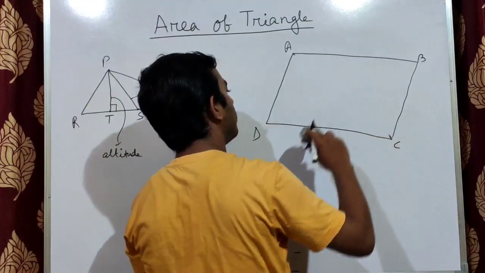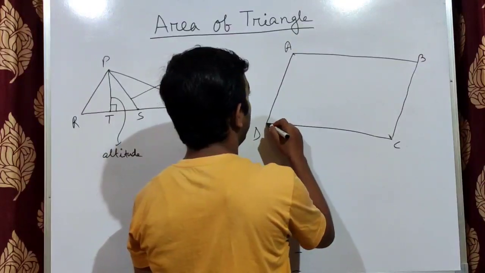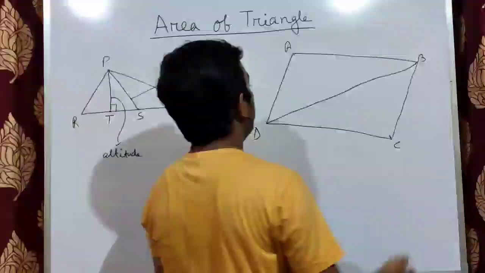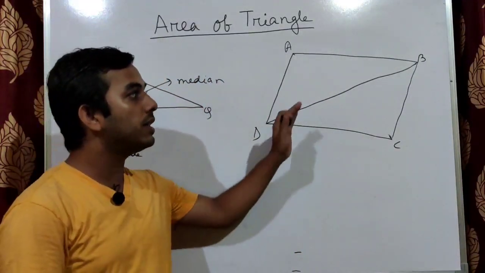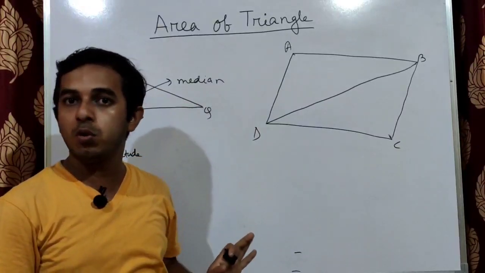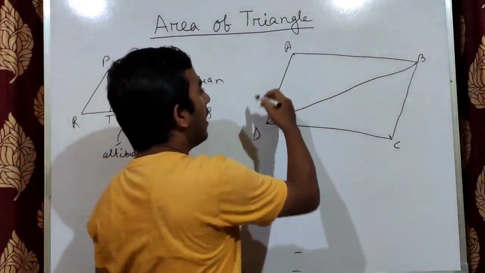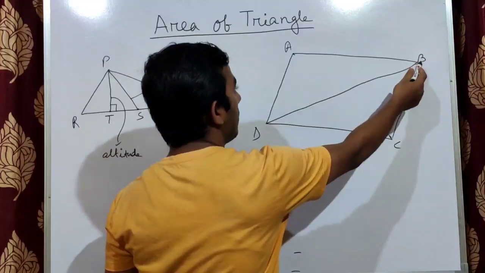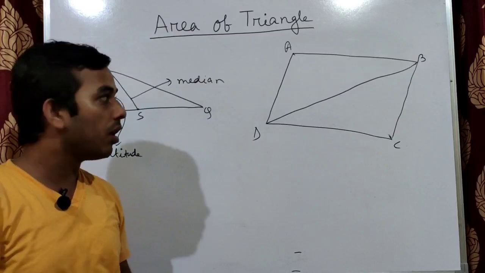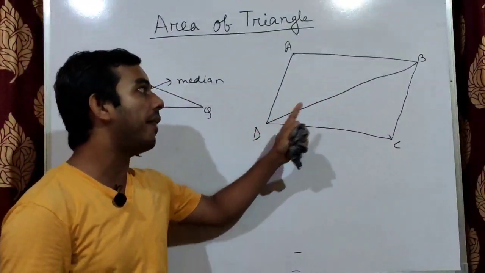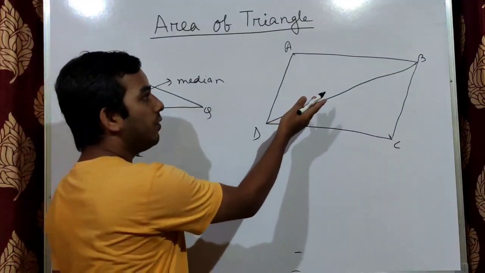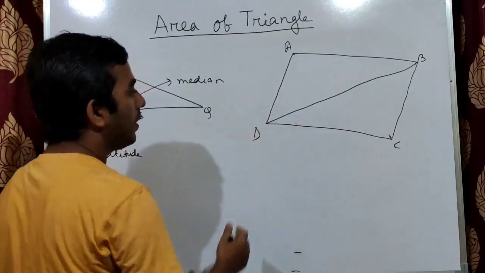Let us draw only one line segment, DB. Now look, this line segment divides the parallelogram into two parts. One part is ABD, another part is BDC. If this line segment divides it, the figure will look like this.